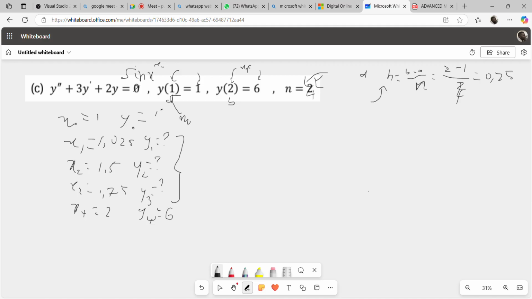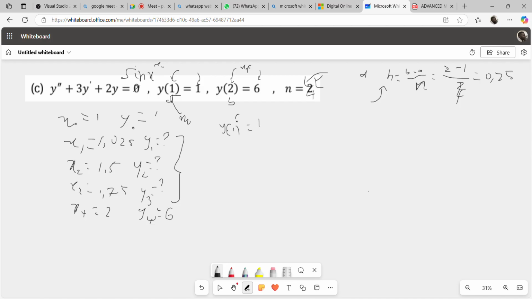It depends. So in a situation where it says y1 is equal to 1, it means that x0 is equal to 1.